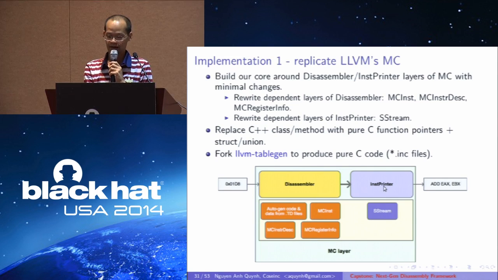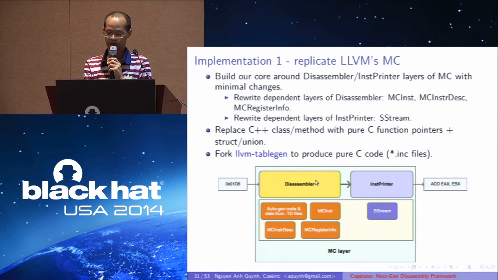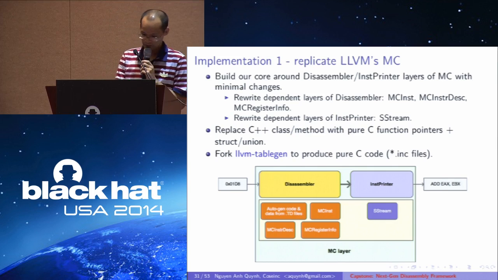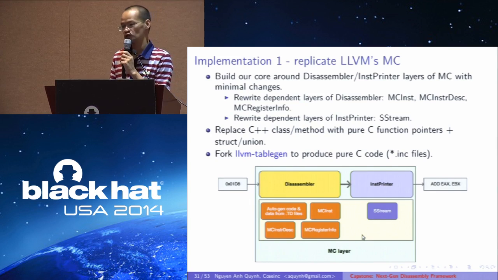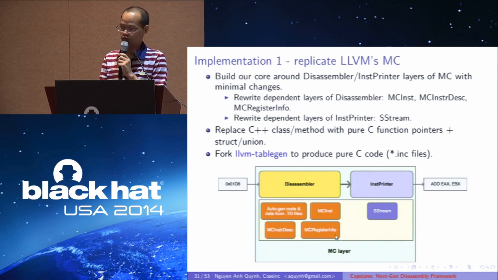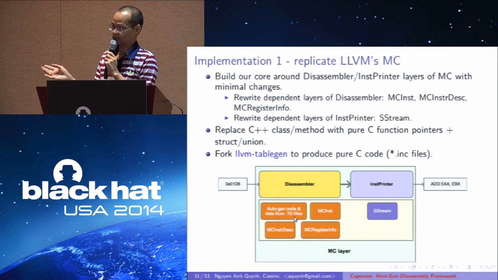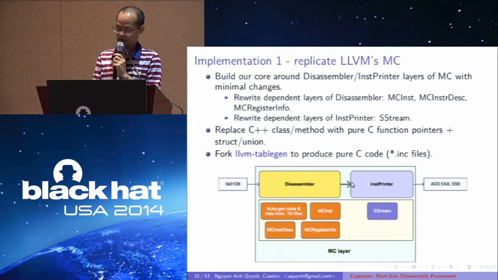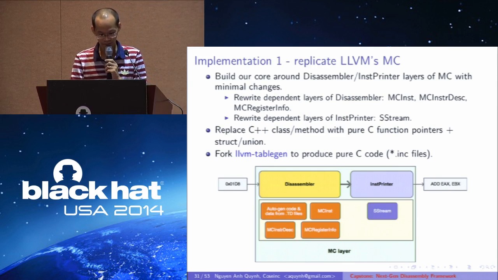So I decided to keep these two components almost as is, with very little change. But the dependent layer at the bottom doesn't change very often or doesn't change at all. So I rewrote all of the bottom layers. But the top layer, I keep almost as is with very little change.